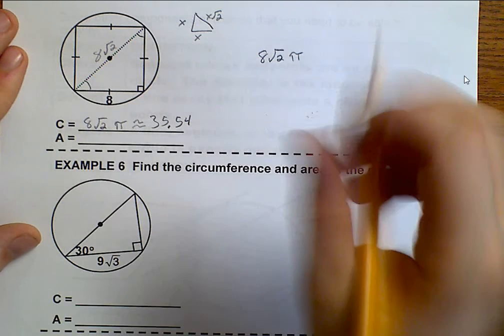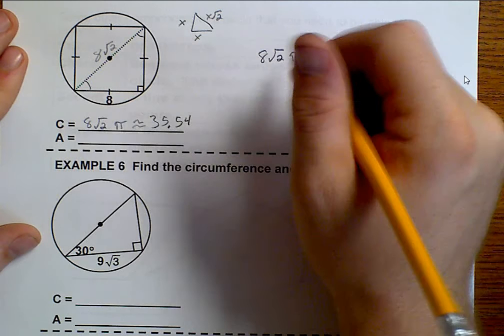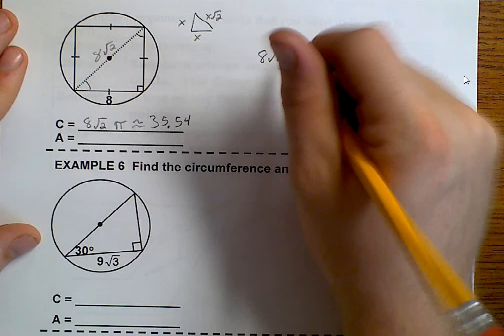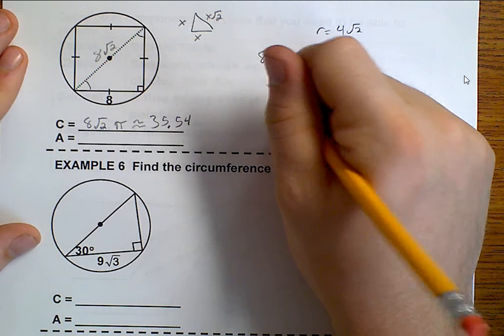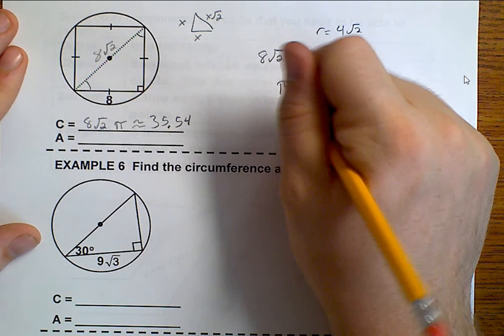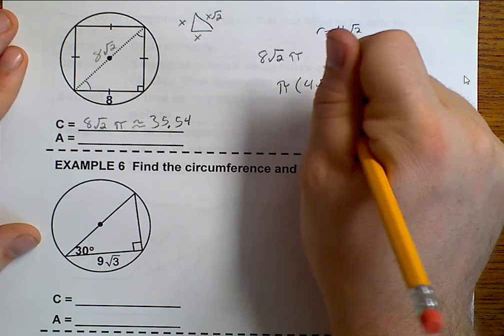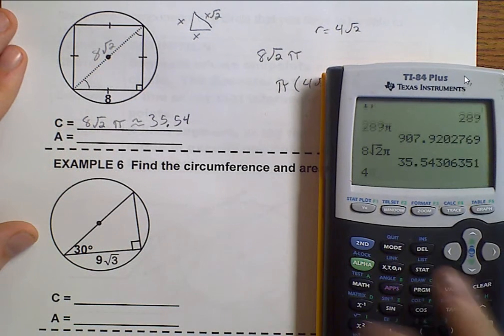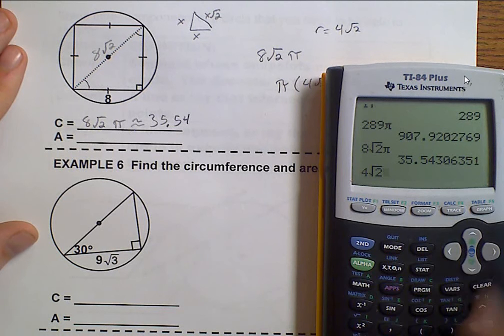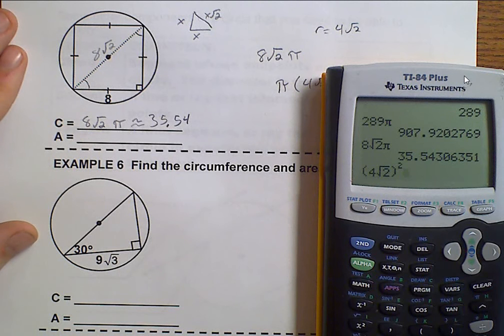Now area would be half of this, so my radius is 4 on the square root of 2. So pi times 4 on the square root of 2 squared. Well, 4 on the square root of 2, put it all in parentheses, squared gives us 32.